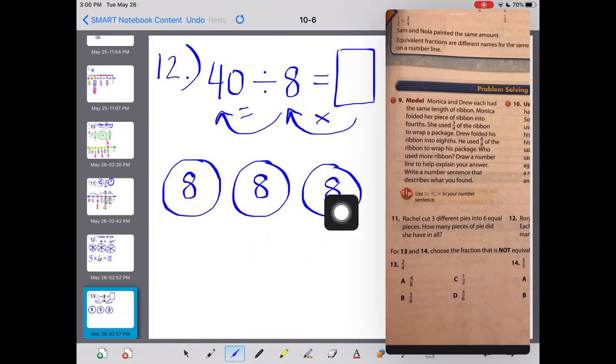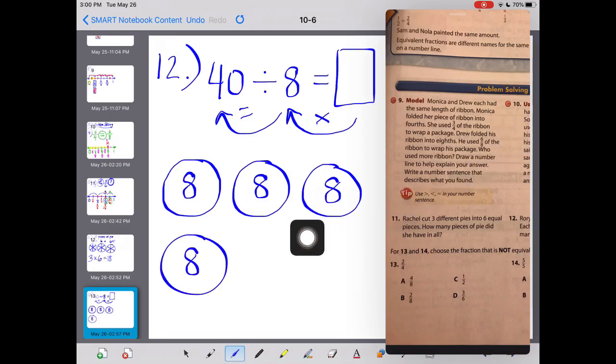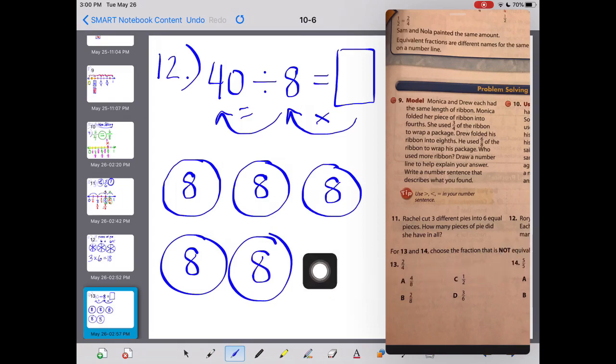That would be 8 times 3. 3 and 8. That equals 24. Not enough. What about 4? That would be 8 times 4. That's 32. What about 8 times 5 pizzas? That equals 40.